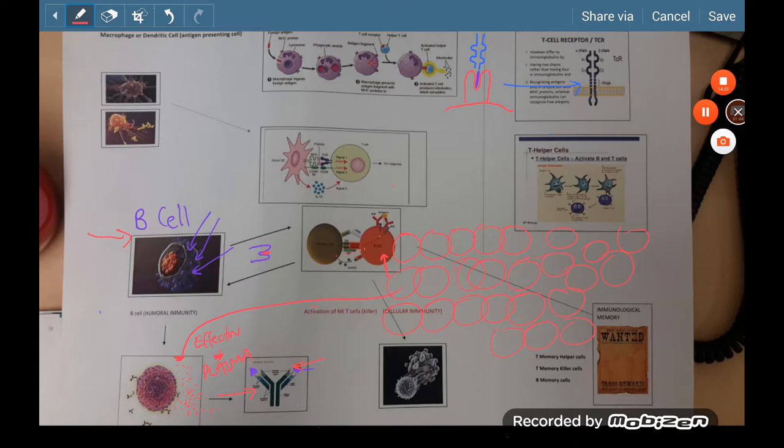Before we do that, I just would like to mention that as well as the proliferation of B cells, T cells also stimulate the production of B memory cells and T memory cells, which are going to be very relevant to the bottom right hand corner here, guys, which is immunological memory.